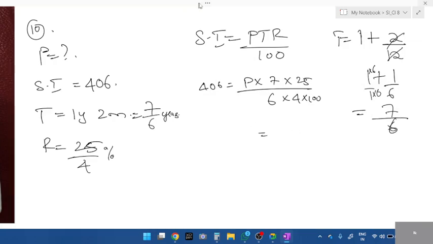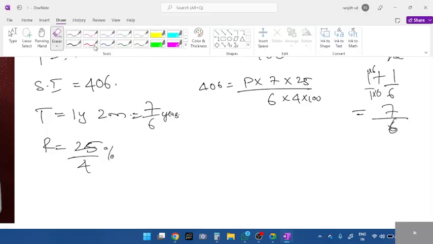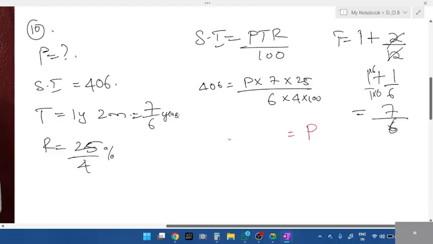So principal is on the right hand side. Keep P as it is, students. Shift all the values to the other side first. Then start calculation.